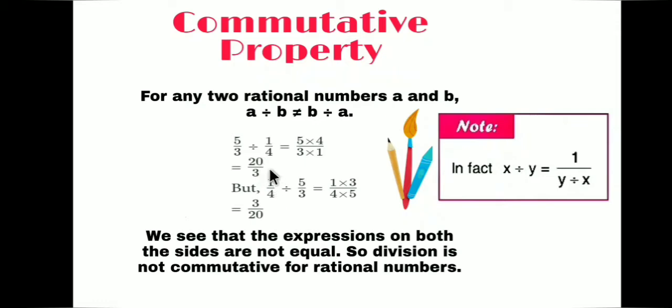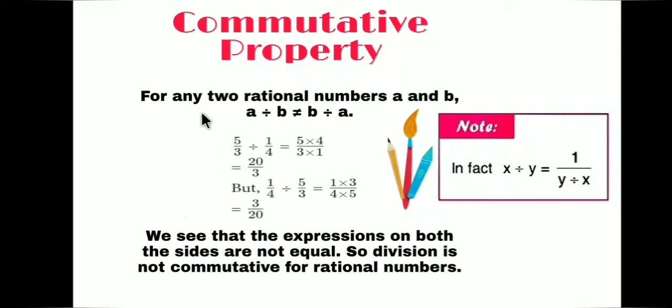But when we divide the second rational number by the first, that is 1 upon 4 divided by 5 upon 3, the answer will be 1 upon 4 into 3 upon 5, which is equal to 3 upon 20. Both the answers are not the same.